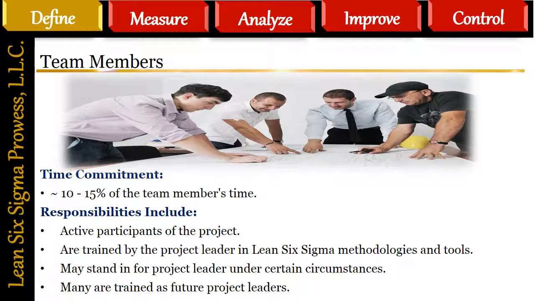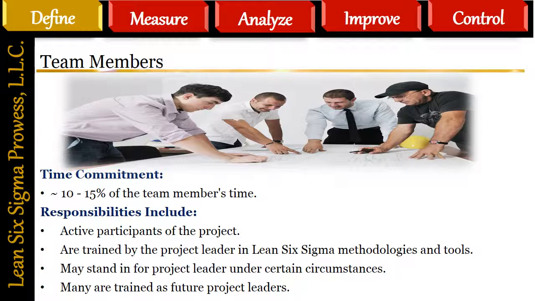A distinction should be made between core team members and additional resources. A team member should be actively involved in the project. They assist the project leader in decision-making and activities centered on the progression of the project. Additional resources are those members that are not active participants during the entire project. Additional resources are those that assist the efforts of the team.